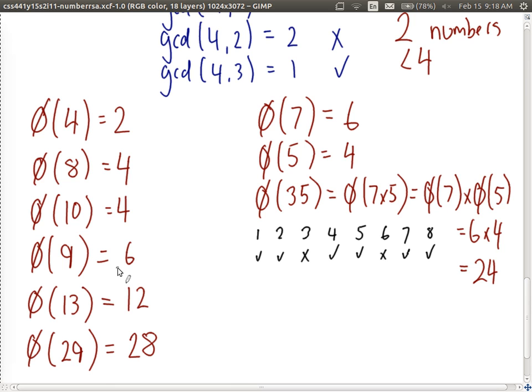There are 12 numbers less than 13, 12 integers, I should say. The totient of a prime number is that prime number minus 1. So that's the shortcut. If we know we have a prime number, we can calculate its totient. If we don't have a prime number, we know it's not prime, it's composite, then we have to calculate manually.